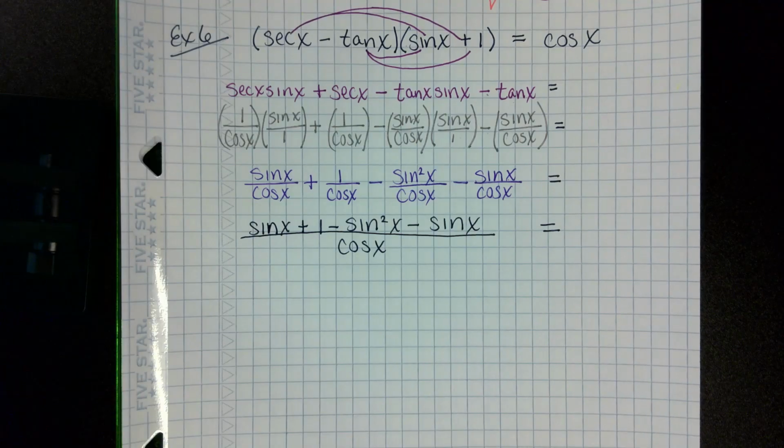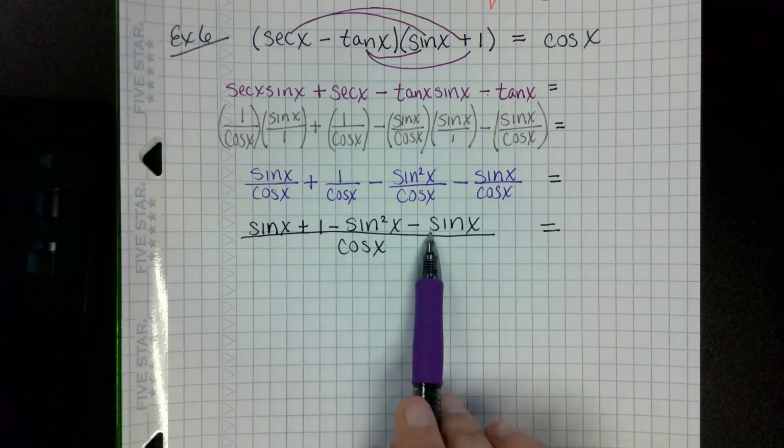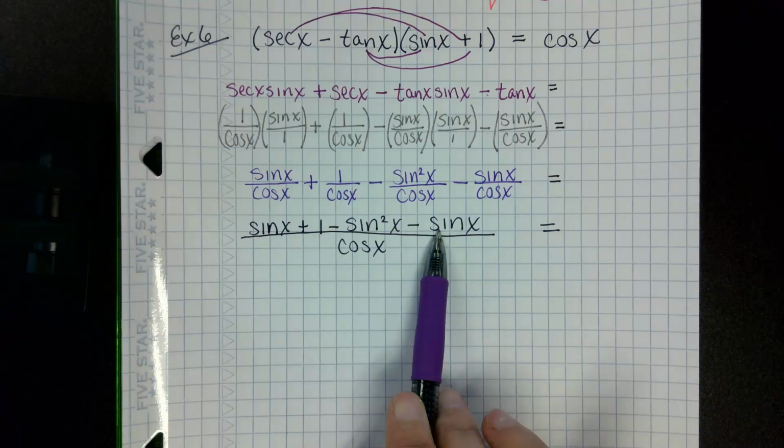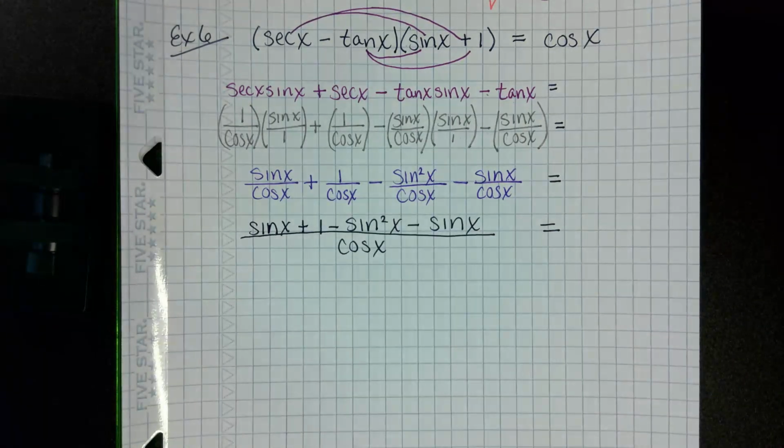Okay, so I put all the numerators over one single denominator. Now I can look to see, can I combine any of those in the top? Are there any like terms in the numerator? Yeah, there are. I have sine x plus 1 minus sine squared minus sine. I have sine minus sine. So those just kind of go away, right? Sine minus sine goes away.